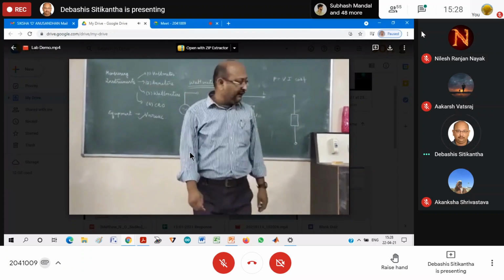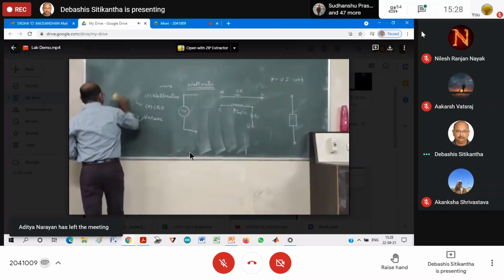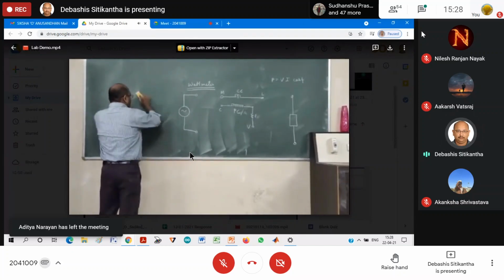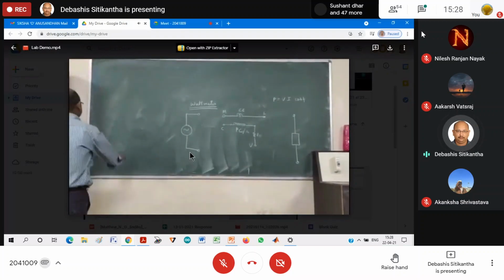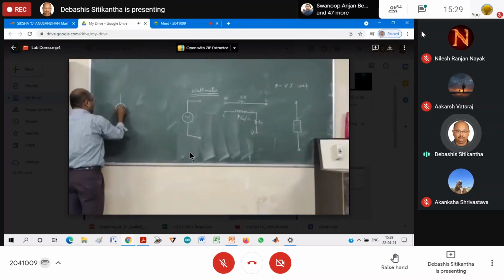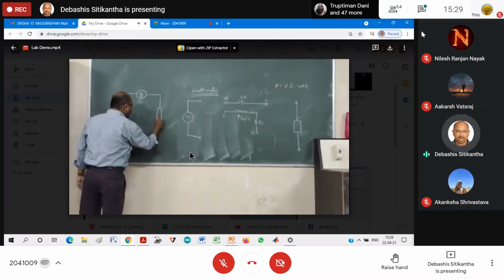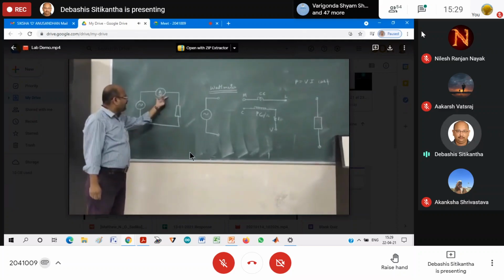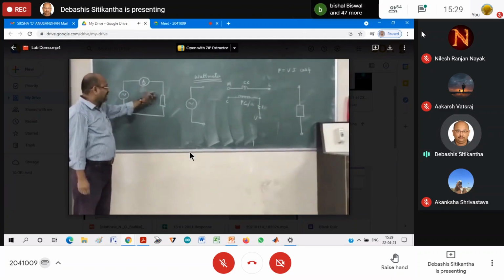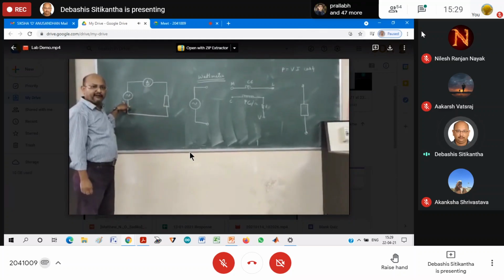Now, let us try to repeat how we are actually going to measure the current. In case of AC source, I was measuring the current by means of an ammeter. So this is the load. Here I have connected this ammeter in series with this load, which is connected across this AC voltage supply.